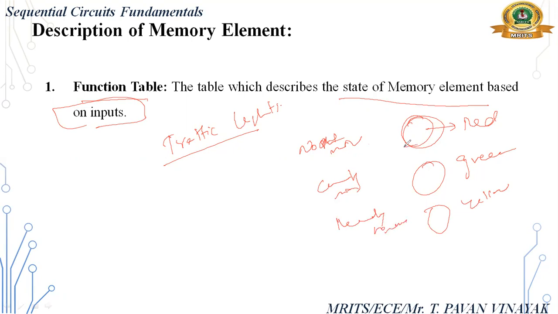Right? These are the three states available. So based on the condition, we are giving the description of the state. That description is called the function table.